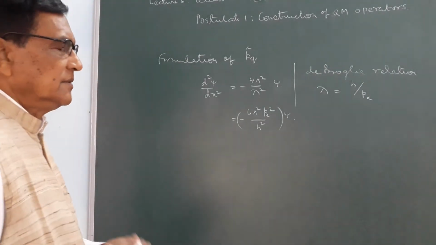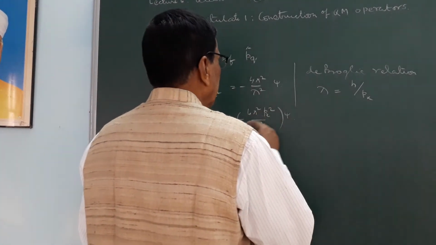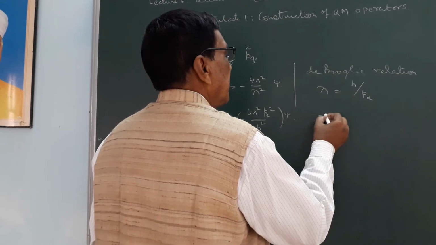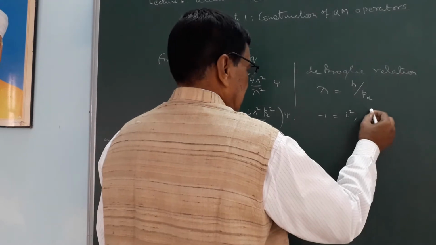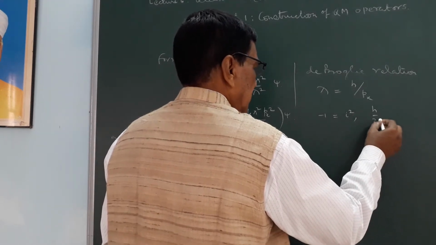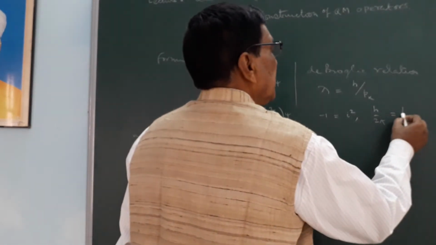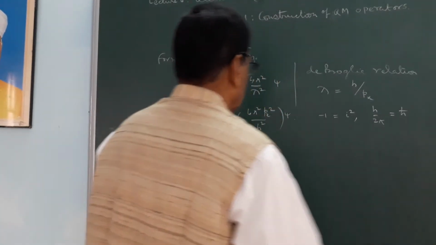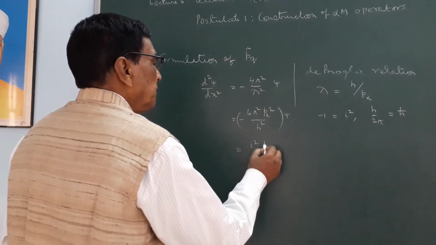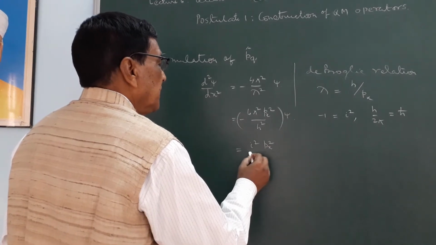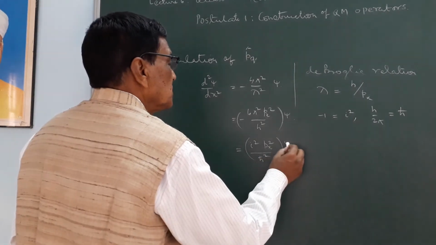Psi is the wave function. I can now replace this minus 1 equal to i square, and h by twice pi, which is called the reduced Planck's constant, is h cross. Then it becomes i square px square divided by h cross square into psi.